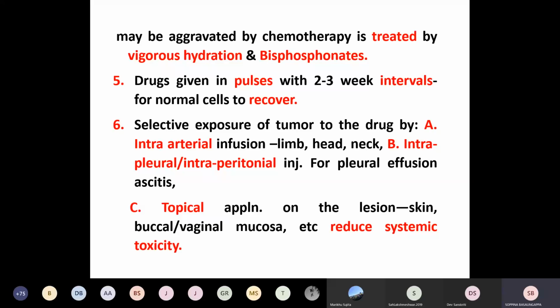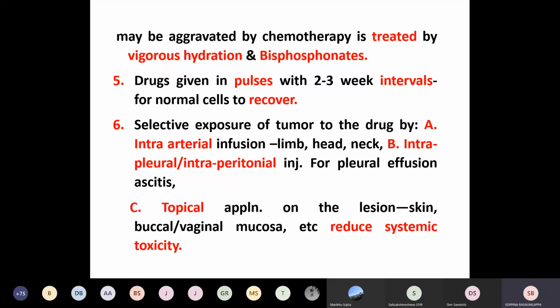Then another way to protect is selective delivery. Let us say, instead of giving a drug intravenously or orally, you can give it by intra-arterial infusion.